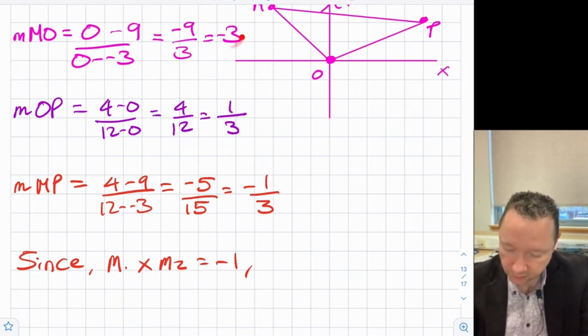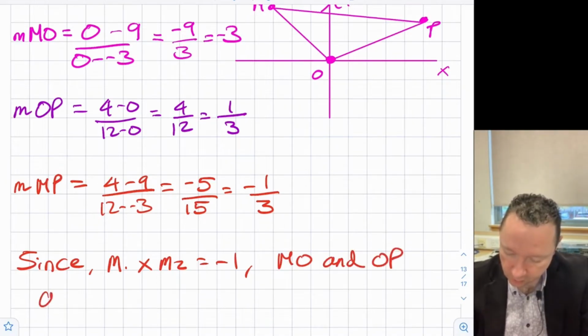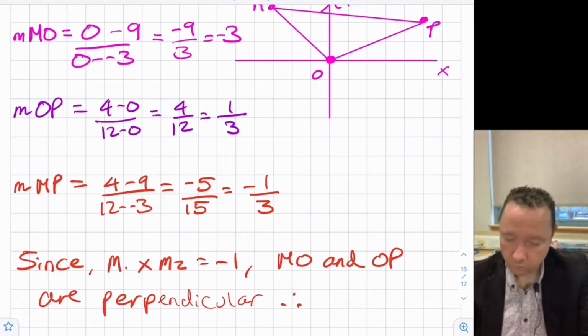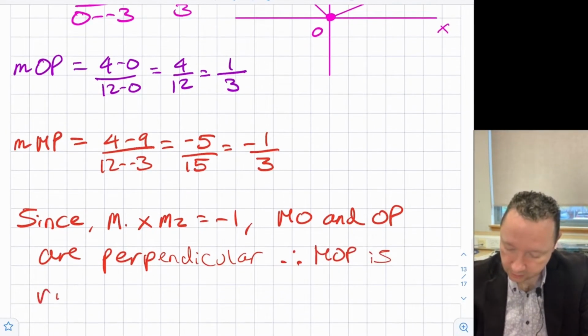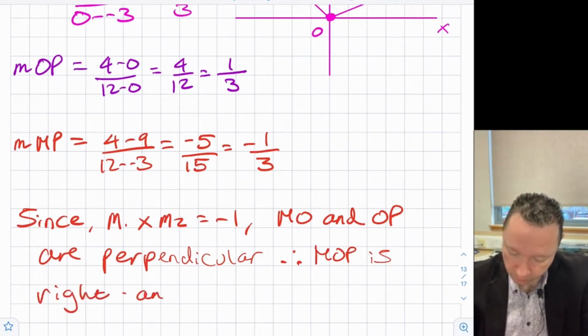Flip that upside down, you get 3, and put a minus in front, minus 3. So these two, MO and OP, are perpendicular. And therefore we can say that the triangle MOP is right angled.